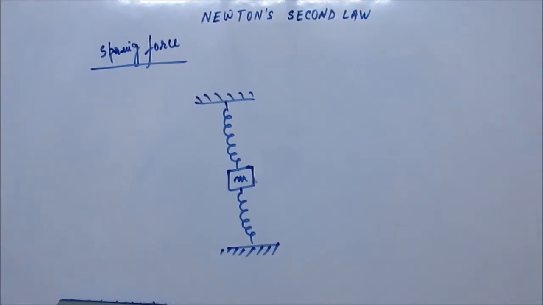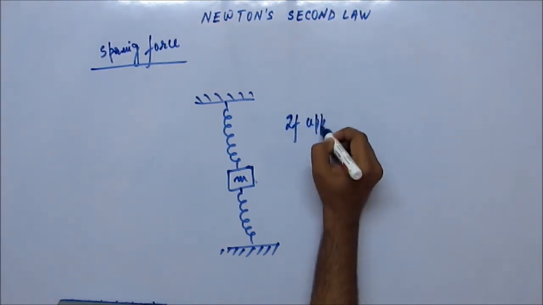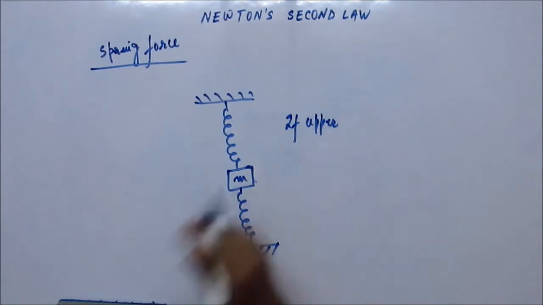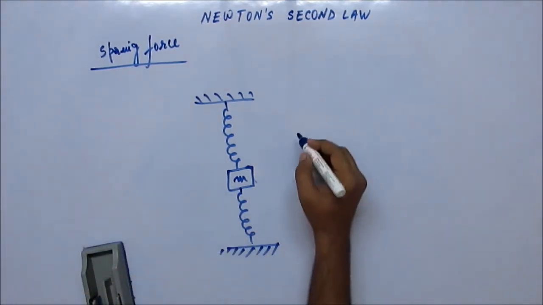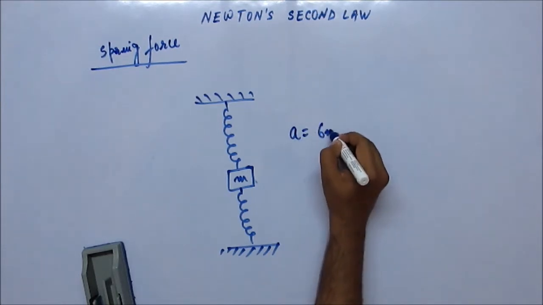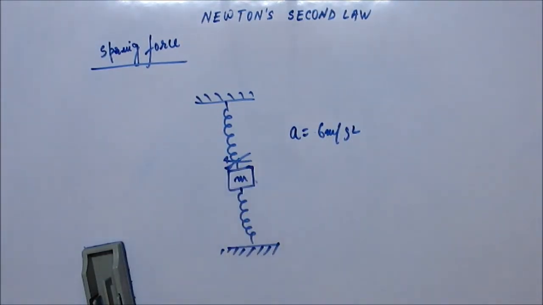There are 2 springs and it is in its stationary position right now. Now the question is, if the upper spring is cut, I'm telling you, if the upper spring is cut, then the acceleration which the block has is 6 meter per second square.